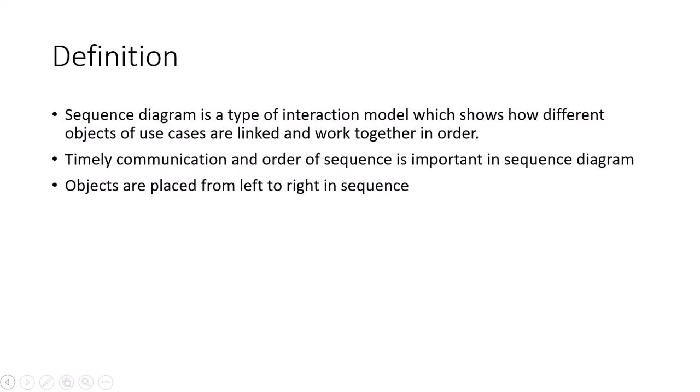If we compare sequence with the class diagram, class diagram is a static diagram. It's not dynamic. In class diagram, we write the classes to which this object belongs, and the attributes are written.